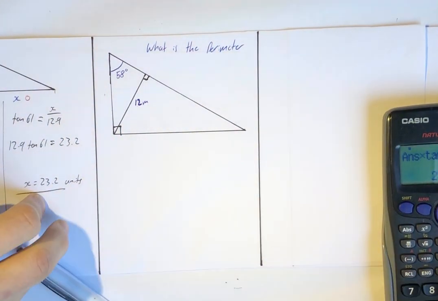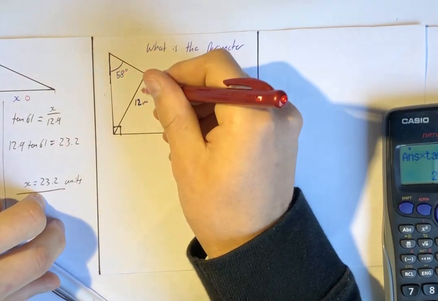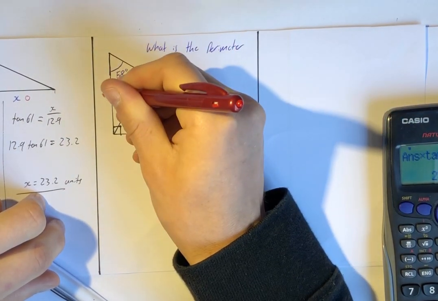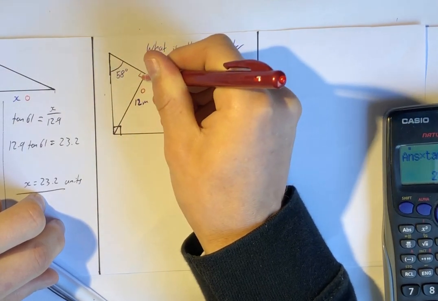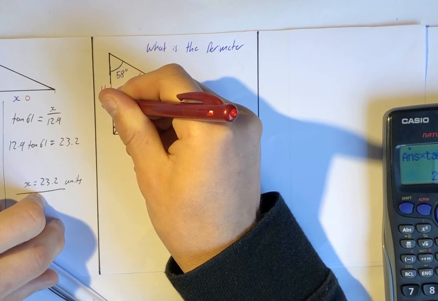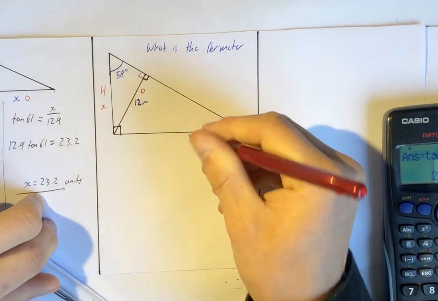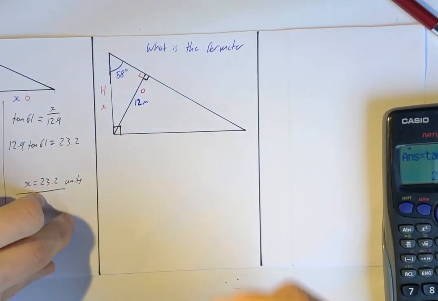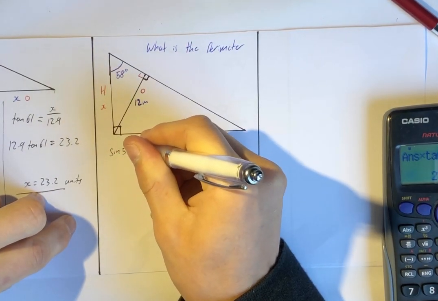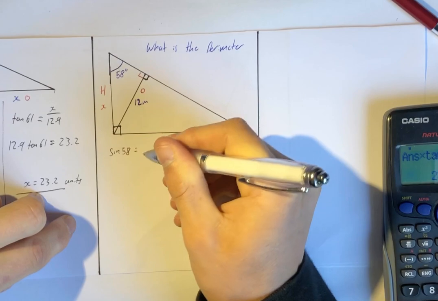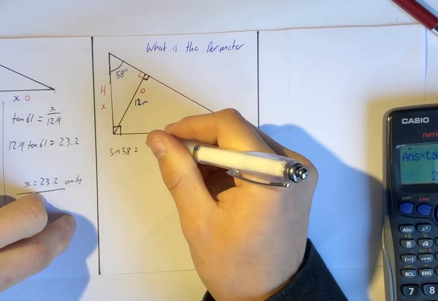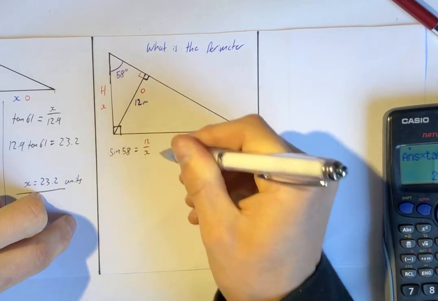So let's have a look. We always label first, so I'm going to deal with O, the opposite side, and this one that's a right angle, so this must be H, and so I'm going to call that X. I'm going to find X first. So it's sine rule. Sine of 58 is equal to the opposite over the hypotenuse, and that's 12 over x.